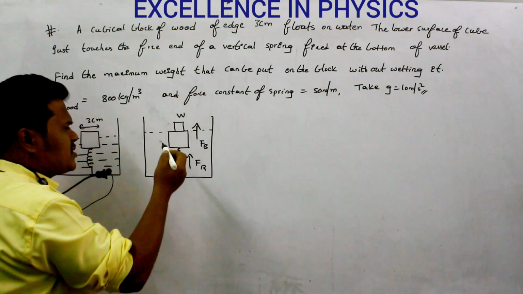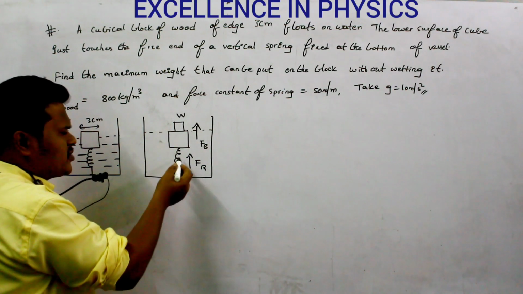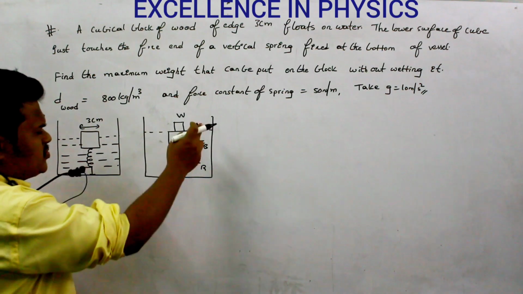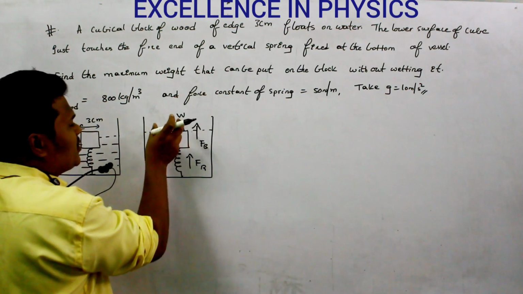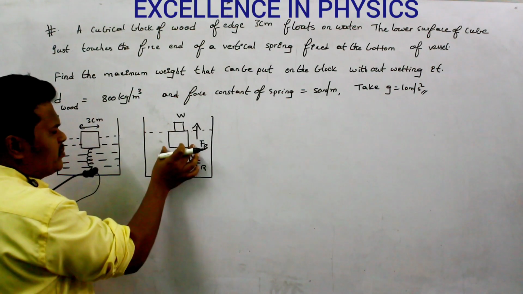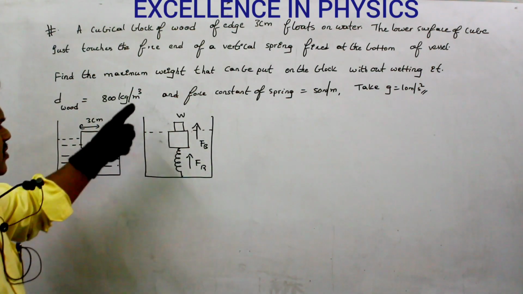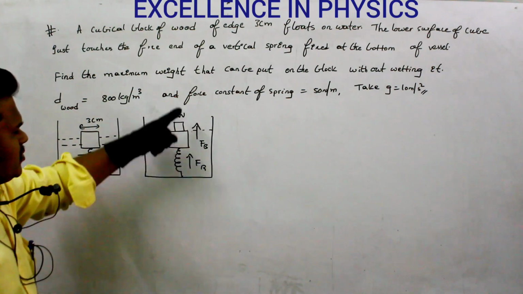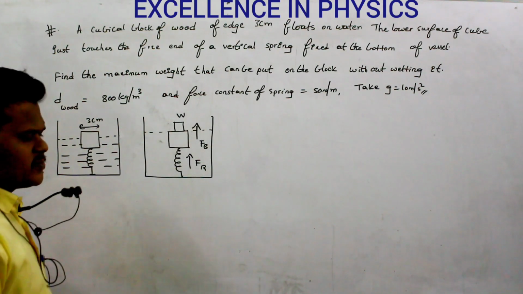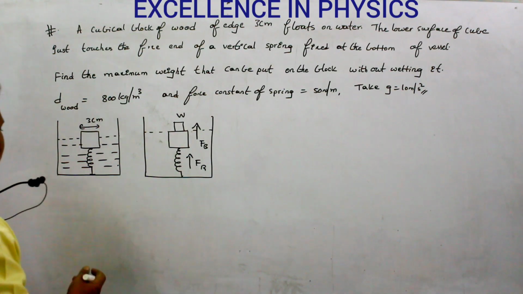So the force of buoyancy is acting, and the restoring force due to the spring is also acting upwards. These two forces are balancing the weight of the block which we are placing on this bigger block. Therefore the weight of the block should be equal to the addition of the force of buoyancy and the restoring force which is produced in the spring. So therefore what can I write?